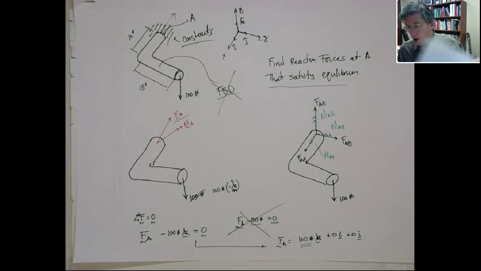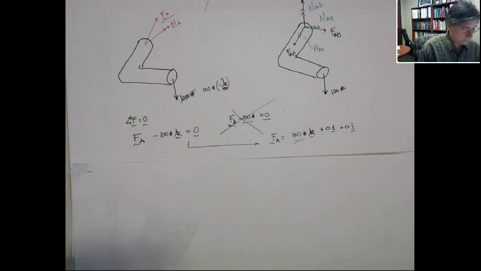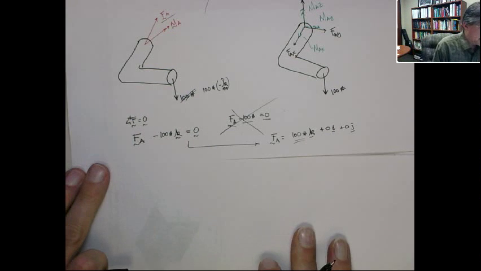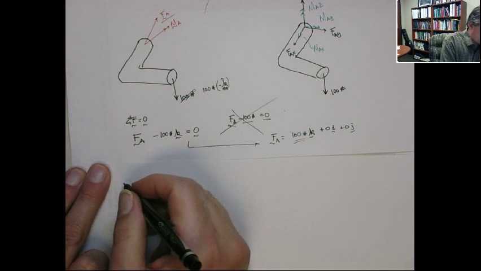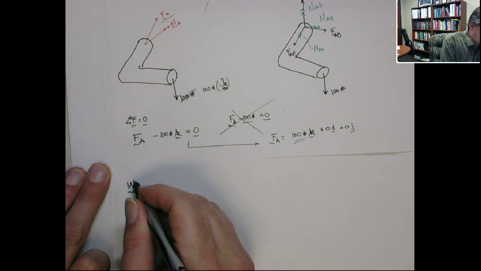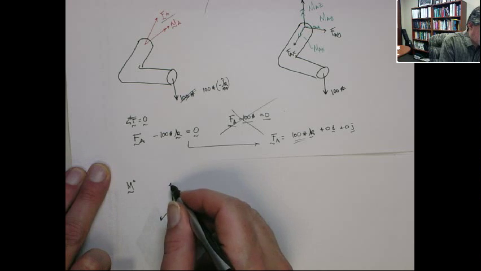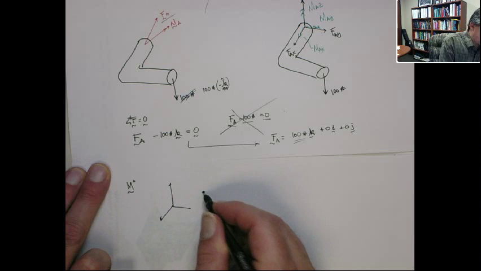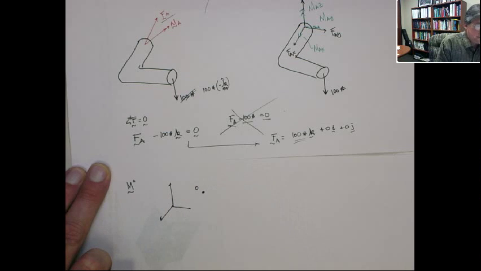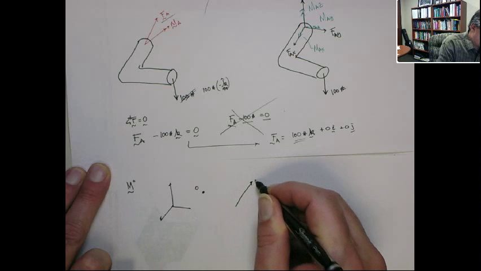If you do the sum of moments, remember, when we do the moments, they have to be with respect to a point. And this is from statics. So if we have some point O, and a force vector.